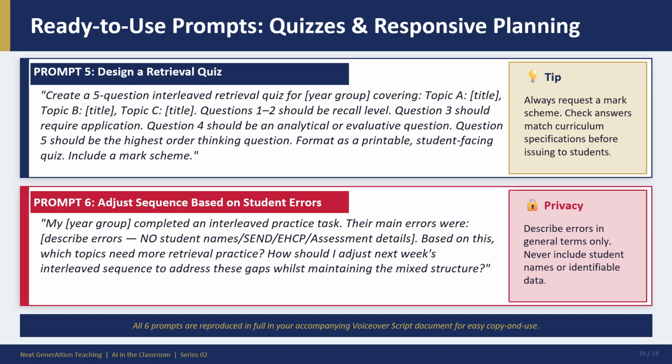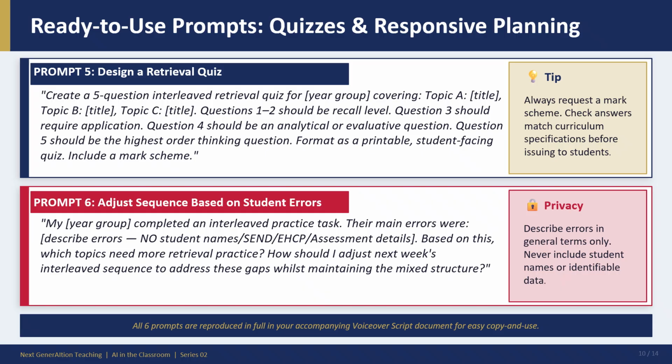This applies to all AI interactions. And this prompt closes the loop. You're not following a pre-planned fixed sequence regardless of what happens in your classroom. You're using AI to help you respond to what your students actually did, building responsive, evidence-informed practice with AI handling the drafting work.